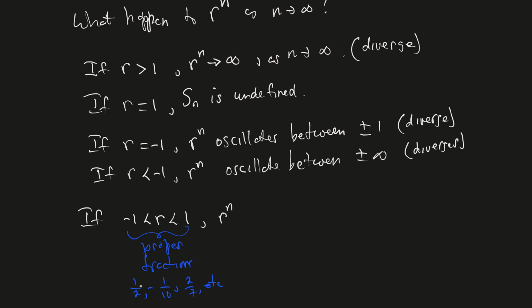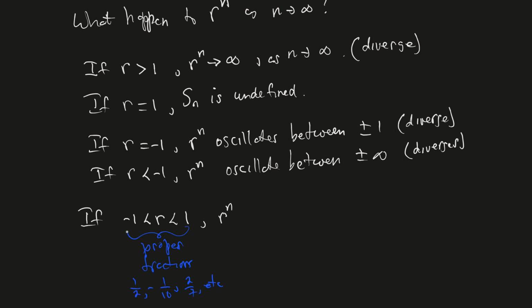Like if you start with 1/2 and you square it, you're going to get 1/4. If you cube it, you're going to have 1/8. If you raise it to the 4th power, you're going to have 1/16. And that's the same for all of these proper fractions.